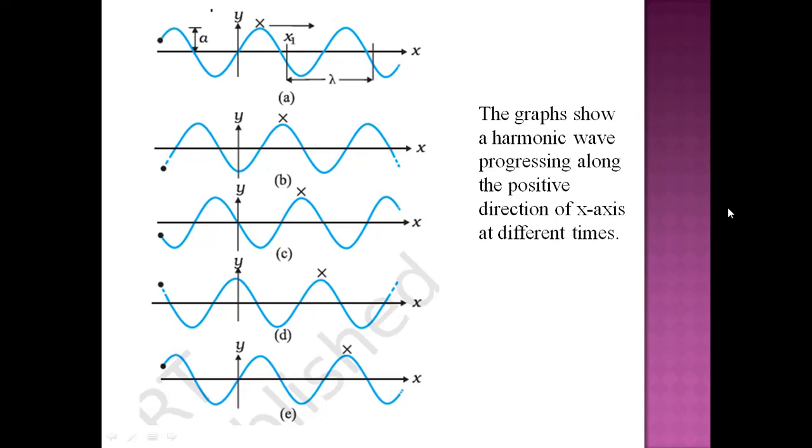Similarly, the dot at the left extreme shows the motion of a constituent particle of the medium at a fixed location. So the dot exhibits periodic motion or simple harmonic motion, and it completes one full oscillation by the time the cross moves by a certain distance lambda.